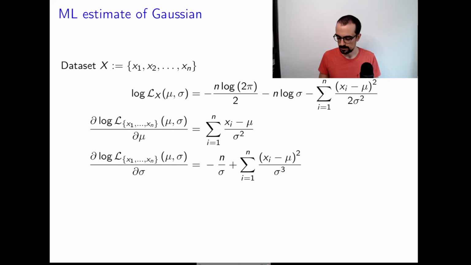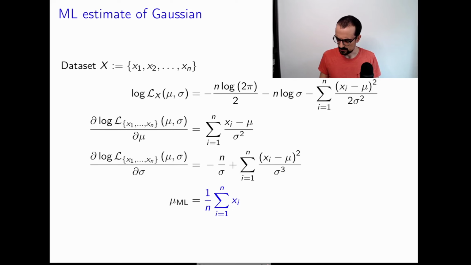When we set the partial derivatives to 0, it's pretty easy to do. Here we set this to 0. Immediately we see that mu is going to be equal to 1 over n, the sum of the xi's.